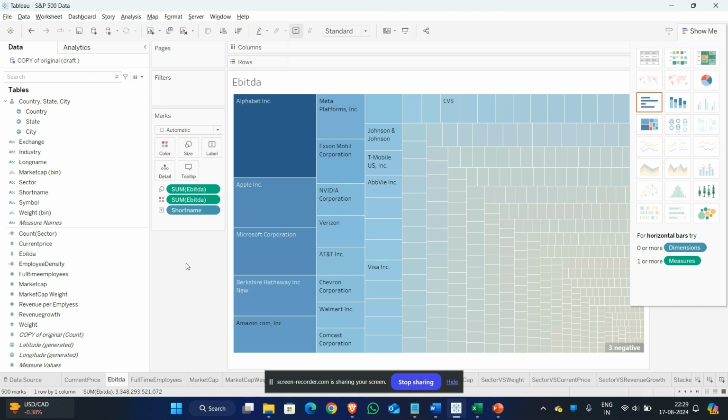From this visualization, you can clearly see that Alphabet is dominating at the first place with more earnings than any other company. Other notable mentions are Apple, Microsoft, and Berkshire Amazon.